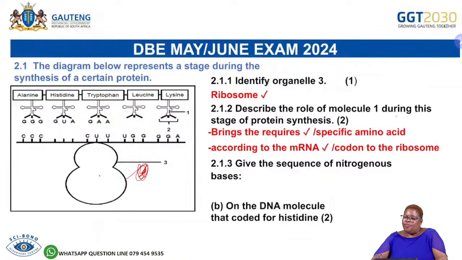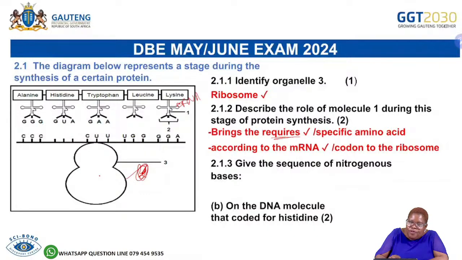Describe the role of molecule 1. What is molecule 1? This is tRNA, isn't it? tRNA. Be mindful of the way you write tRNA. Describe the role of molecule 1 during this stage of protein synthesis. So it brings the required specific amino acid.